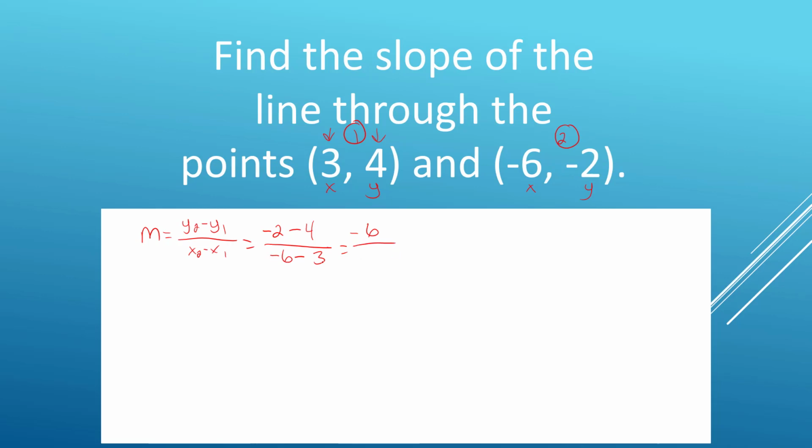Negative 6 minus 3 is negative 9. Now I have a negative over a negative, so those are going to simplify each other and make themselves positive. 6 over 9, both are divisible by 3, so it can simplify down to 2/3. So my m value is equal to 2/3.